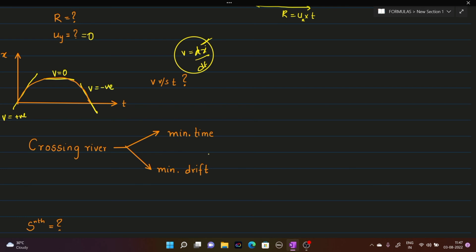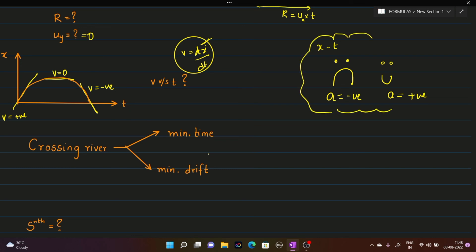Now, I had said that whenever the graph is facing downwards it's sad, and whenever it's facing upwards it's happy. When the xt graph is facing downwards, it means acceleration is negative throughout, and if it's facing upwards, acceleration is positive throughout. This is an important way through which you can easily determine the acceleration graph.